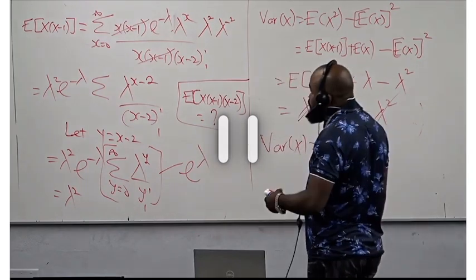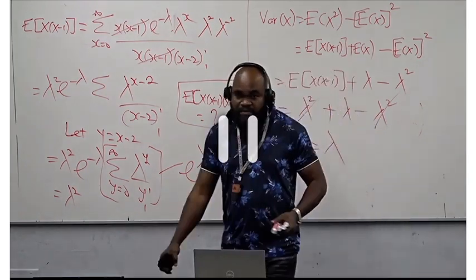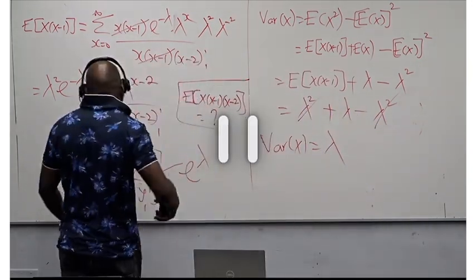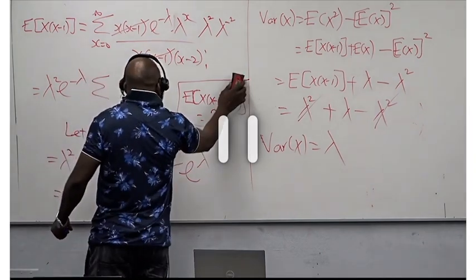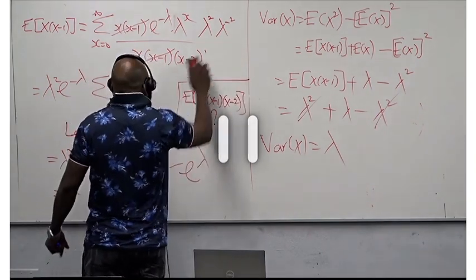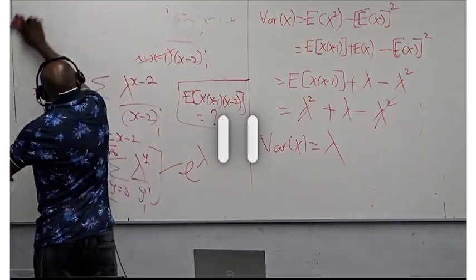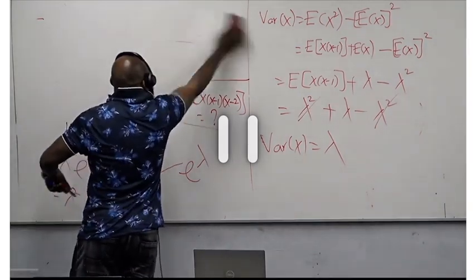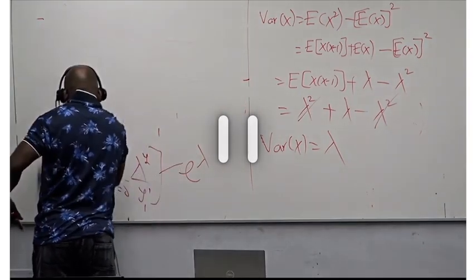Now, I'm going to move to the last distribution because of my time. The last distribution is the discrete uniform. Now, when do we use discrete uniform?